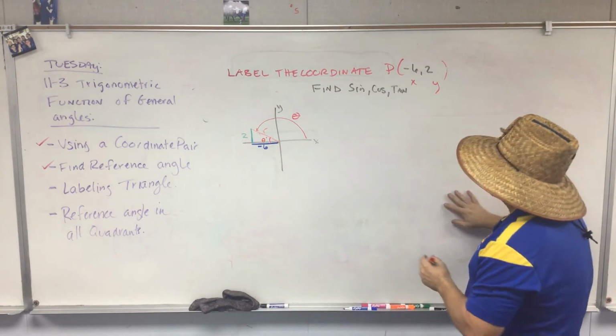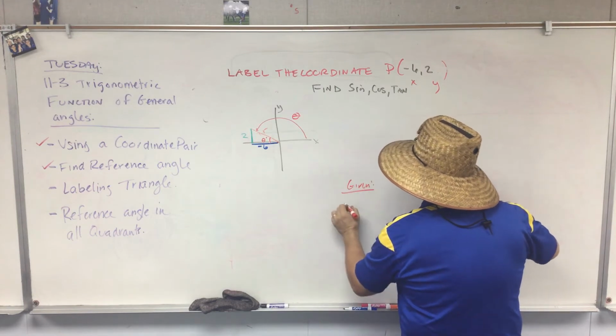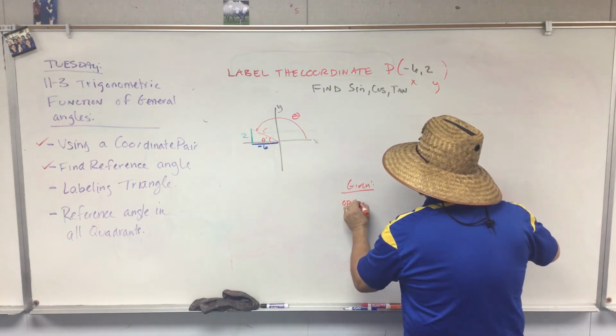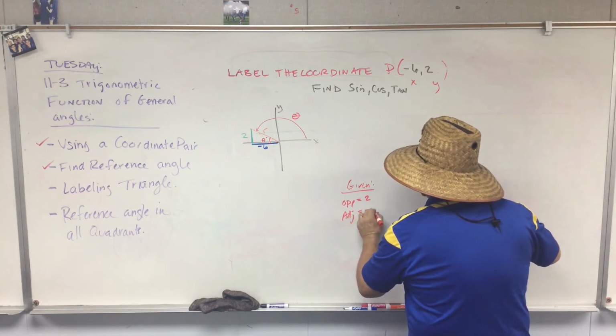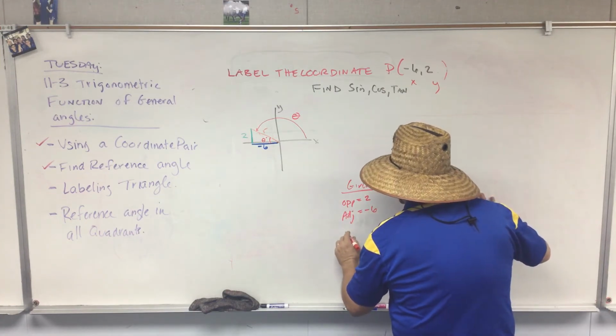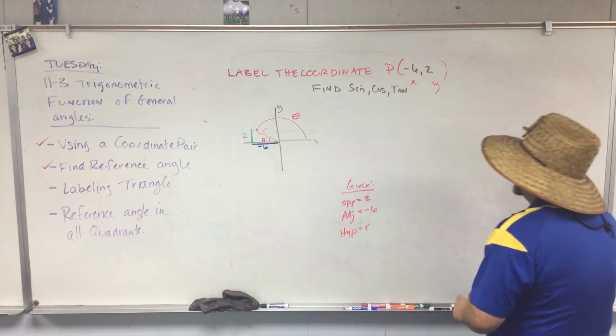So I've got all the pieces I have. So what are we given? We are given an opposite side of 2, an adjacent side of -6, and we do not know what our hypotenuse is. So we got to find it. How do we find it?